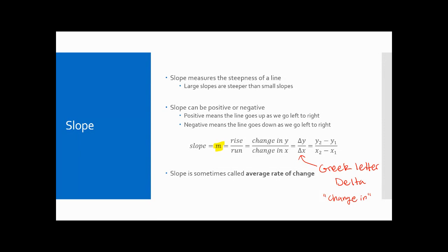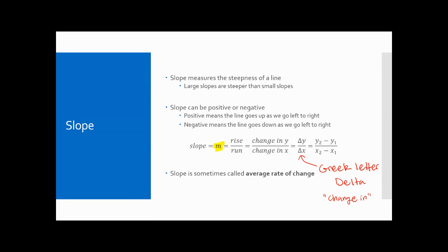We're basically saying the difference between your vertical distance, which is y, and your horizontal distance, which is x. So that's just translating that change into a specific formula that we can use.